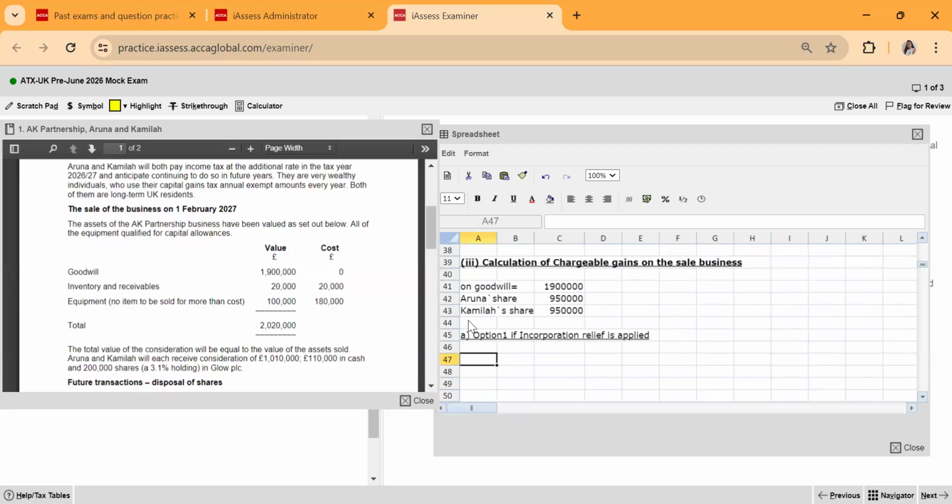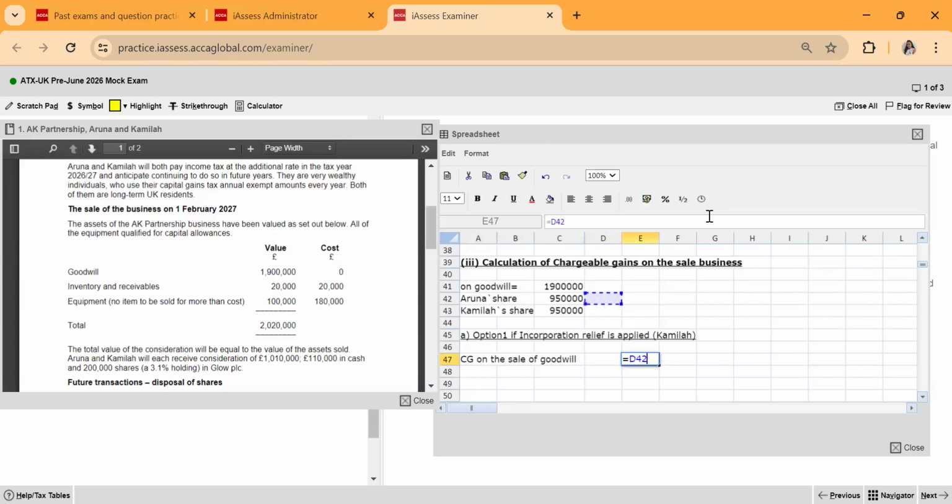The amount of share of chargeable gain is what we need, and we are only looking at Kamila, as the question only talks about Kamila. So here, chargeable gain on the sale of goodwill.